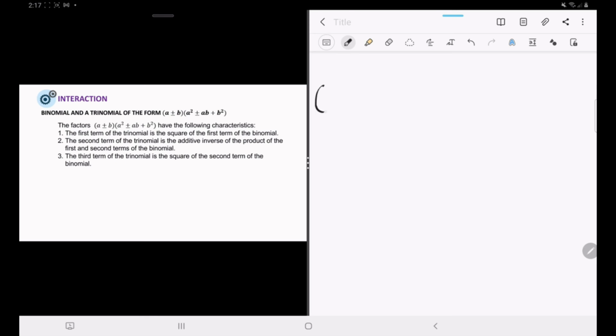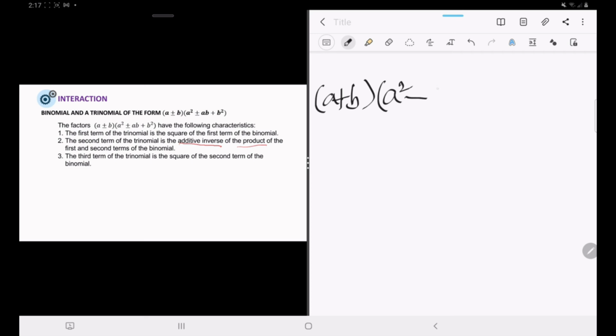Okay, so let's have the binomial a plus b. So it says here the first term of the trinomial is the square of the first term of the binomial. So we have a squared. And then the second term of the trinomial is the additive inverse of the product of the first and second terms of the binomial. So if the binomial is addition, then the second term of the trinomial is subtraction.